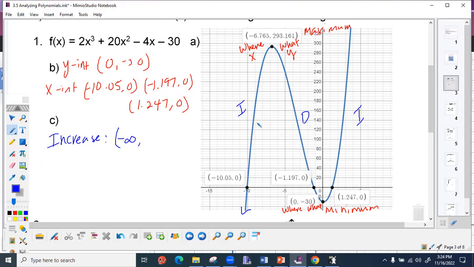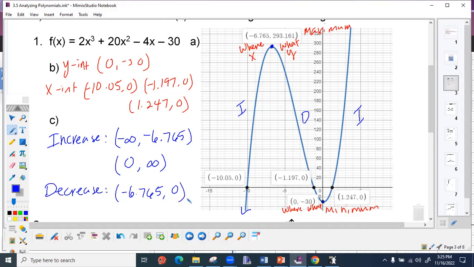And then it keeps increasing all the way up until this X value. What is that X value? Negative 6.765. Then I have another interval of increase from 0 to infinity. And then my decrease is from negative 6.765 to 0.